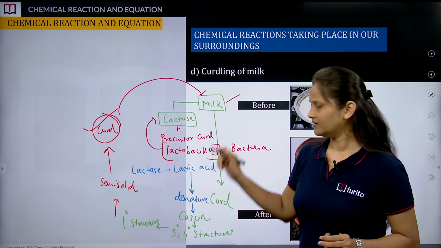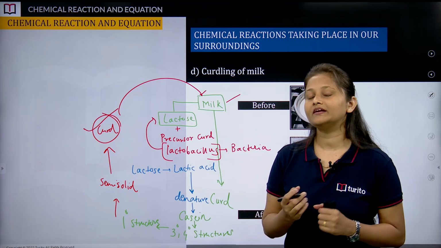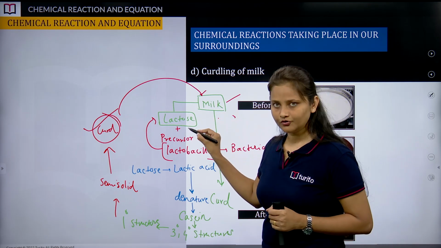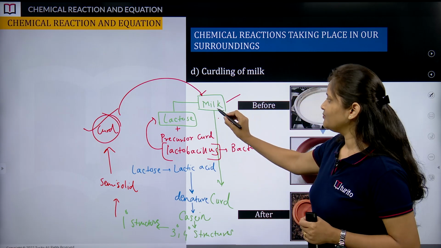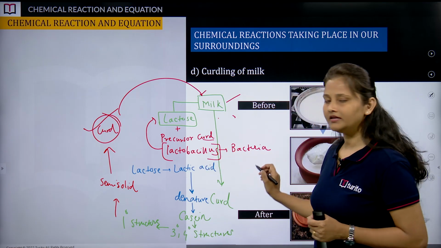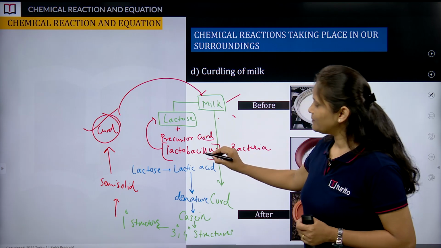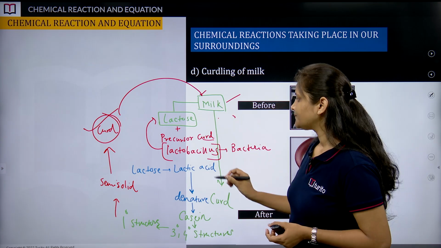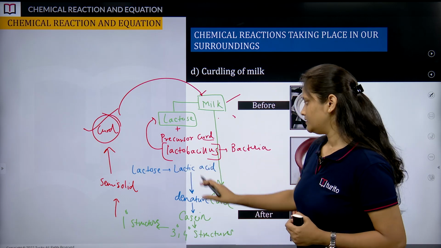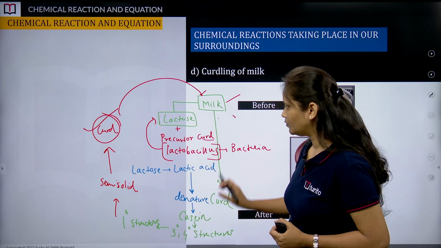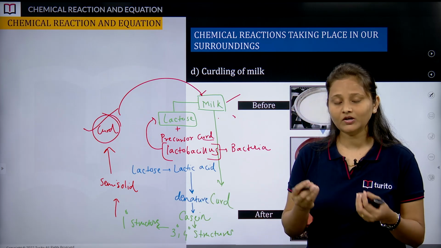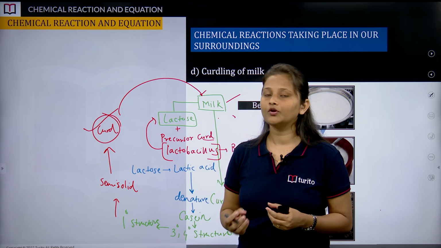I'll just revise the curdling of milk so that you will get a better idea once again. So we have boiled milk. It has a sugar called lactose, right? And in this milk we have added precursor curd which has lactobacillus bacteria. Now when lactose and this bacteria react together, lactose gets converted into lactic acid. This lactic acid goes into the milk and is going to denature, or change, the structural arrangement of the protein of milk.